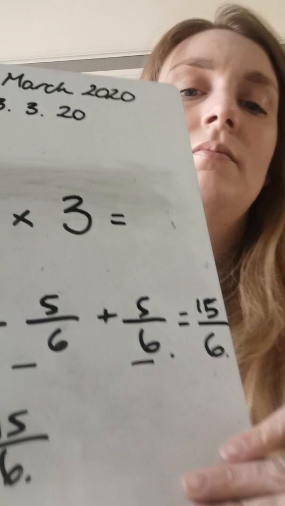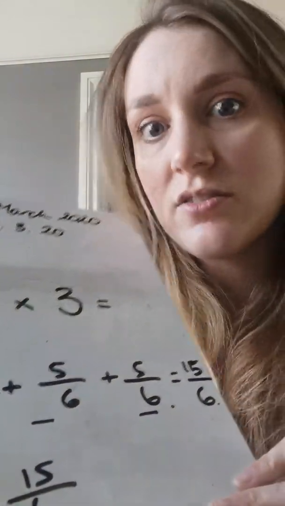Now, if you're feeling like you really want to challenge yourself, think about the answer. 15 sixths. At the moment, that's what we call an improper fraction because it's top heavy. The numerator is bigger than the denominator, which suggests this is more than 1, more than a whole. So if I'm thinking in sixths, a whole would be 6 sixths. 2 would be 12 sixths.